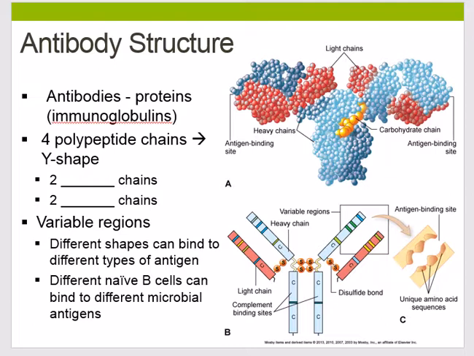So you can think of different naive B cells, which contain different surface antibodies, as able to bind to different microbial agents, because as I told you earlier, naive B cells contain a lot of different antibodies that sit on their surface.